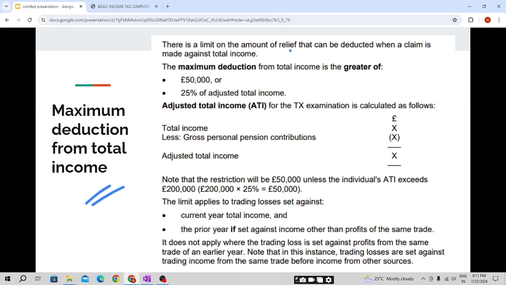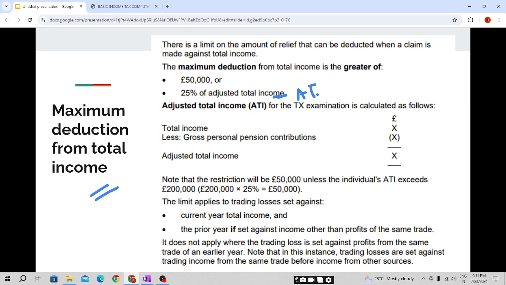There is a limit on the amount of relief that can be deducted when a claim is made against total income. We have seen the restriction in chargeable gains. Now the restriction for total income. The maximum deduction for total income is the greater of 50,000 or 25% of the adjusted total income.